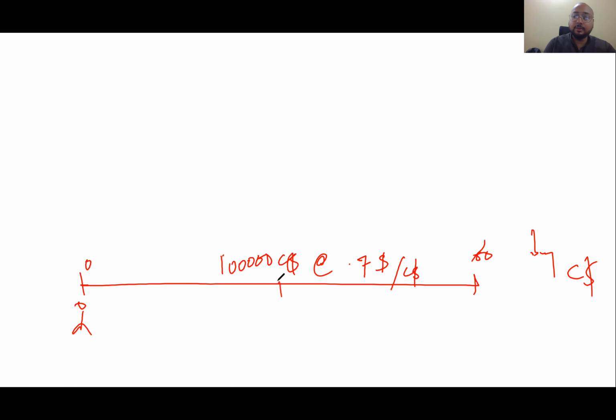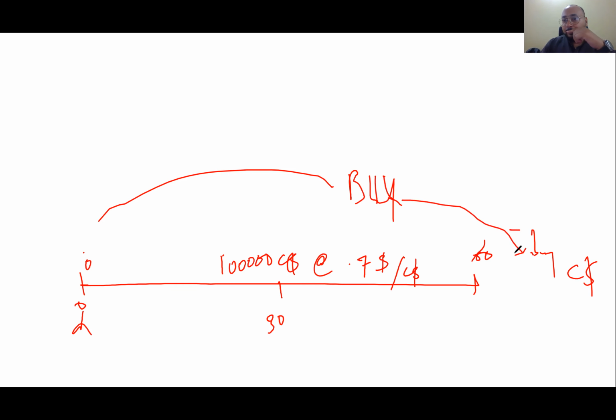So after 30 days have passed, you realize that due to some reason, the contract between exporter and importer is cancelled. So you entered the contract to buy the Canadian dollar.